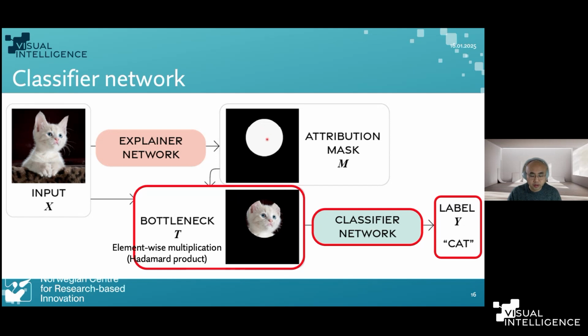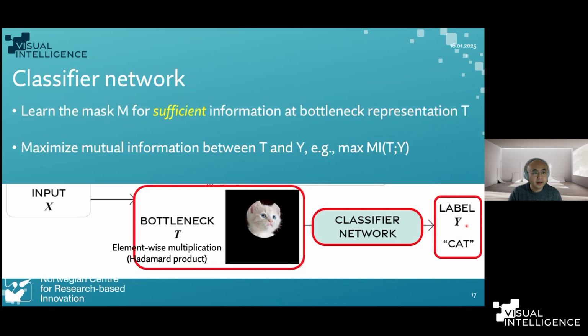But if it's a very bright region close to 1, then all the information in that region, hopefully this cute cat face, can be kept in the bottleneck representation. Then the classifier network tries to classify this bottleneck representation only, given the class information. So this classifier network learns the mask M.